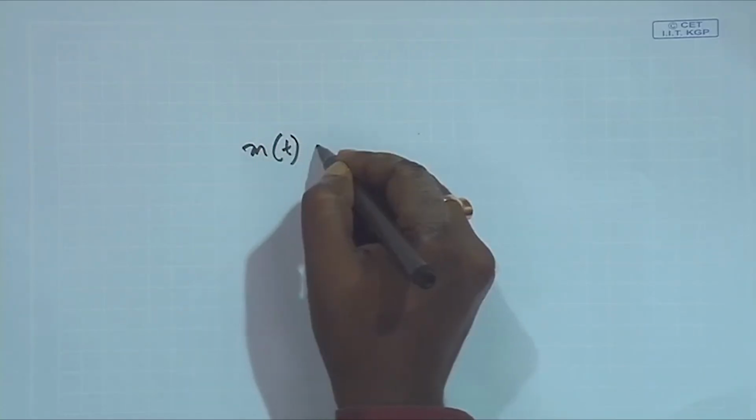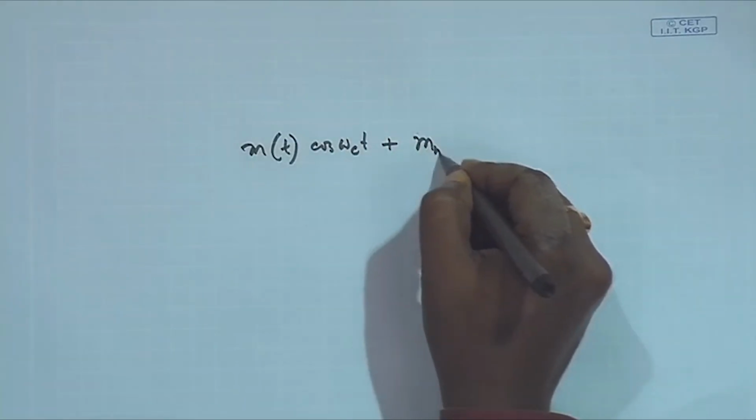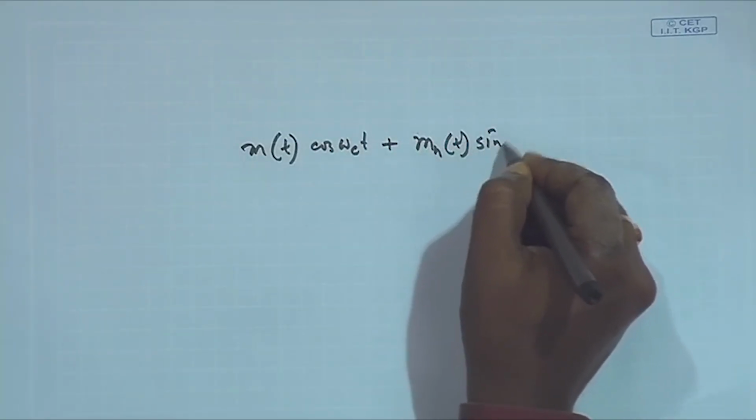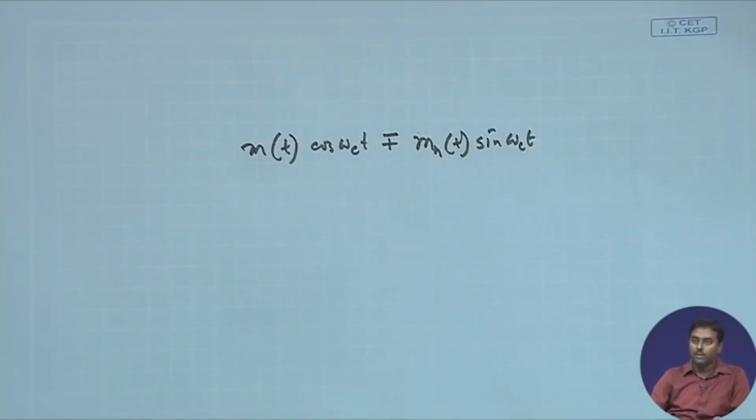It is possible through a transform called the Hilbert transform. So if you do the Hilbert transform, then you can represent this particular signal as m(t) cos omega_c t plus m_h(t) sin omega_c t. Of course, it's plus or minus, so accordingly you will get either lower sideband or upper sideband.